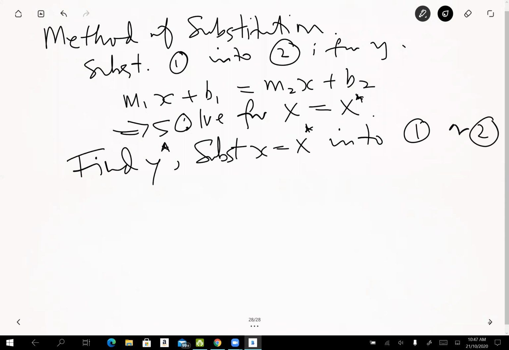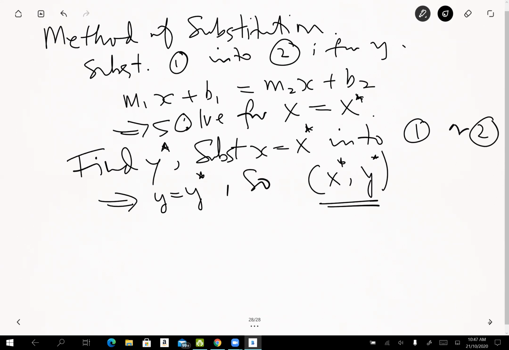Then what you get will be y equal to y star. So you have the solution, x star, y star. That will be the solution. So the method is substitution, and we do the substitution 2 times.